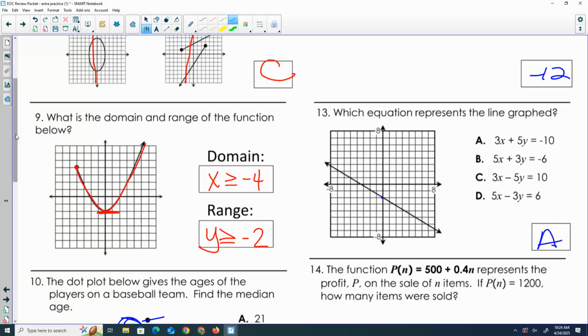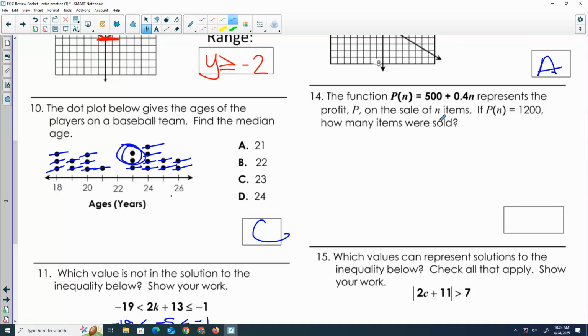14. Here's my function. And I'm telling you P of n is 1200. So this whole thing gets replaced with 1200. So if I want to solve this, we subtract our 500.